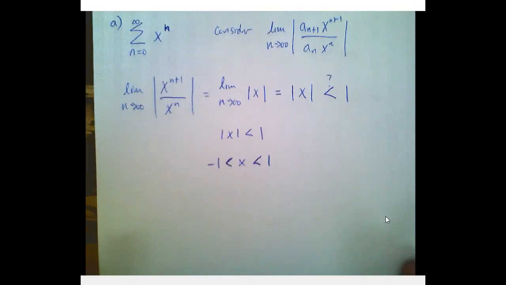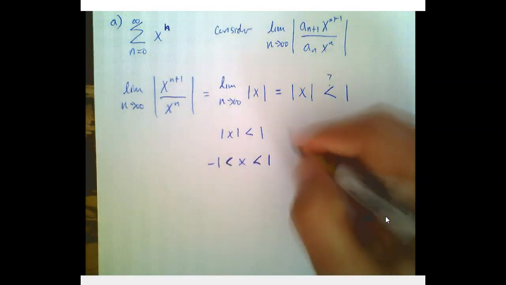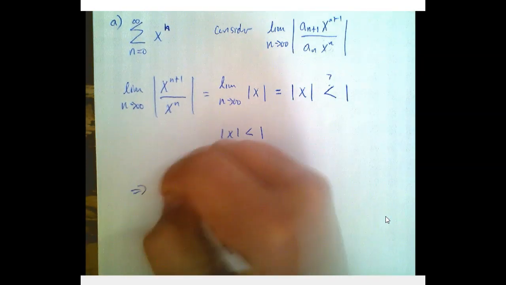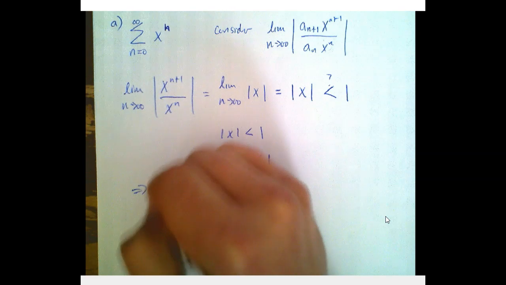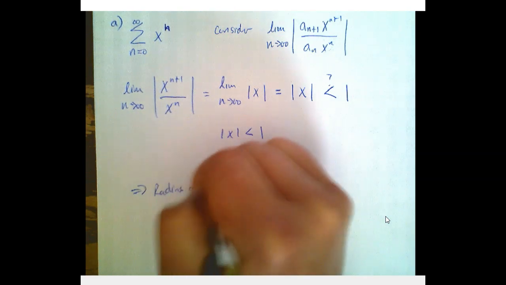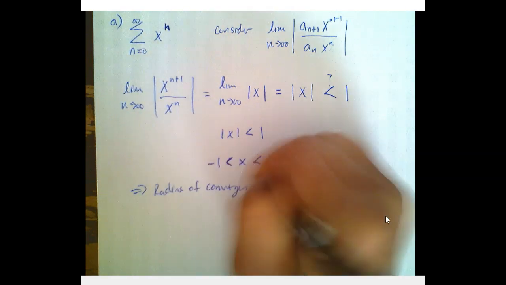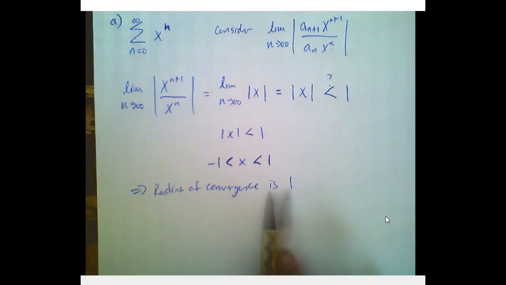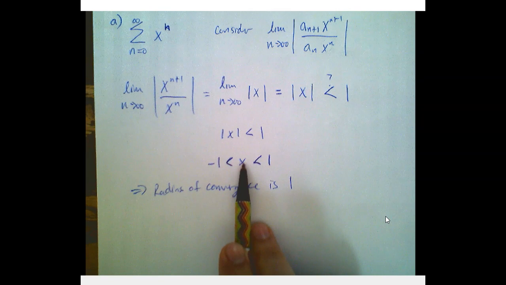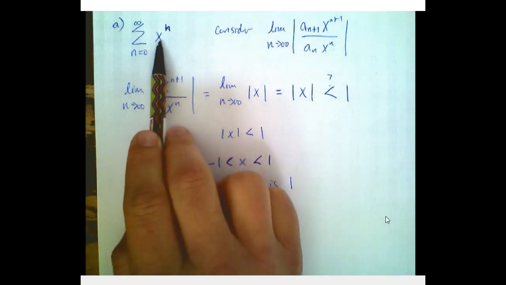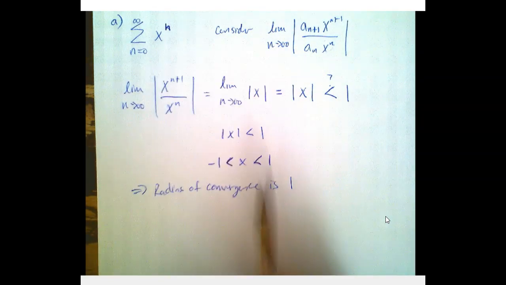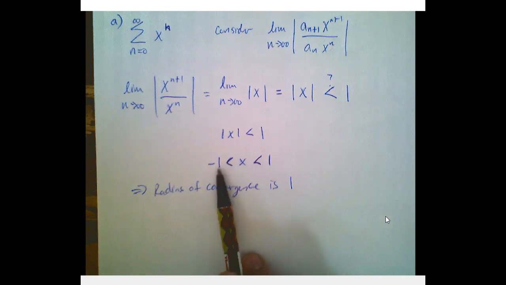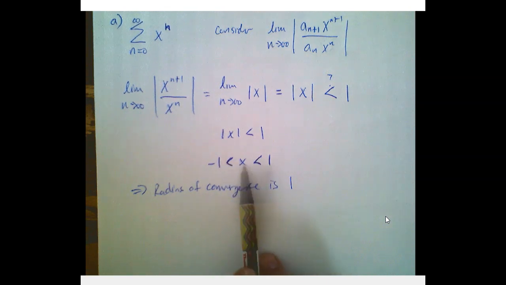So from here, we know that the radius of convergence is 1. It's 1 because this series is centered at 0, because we don't have an x minus c term. We're centered at 0, and the interval is 1 unit across from the center outward.